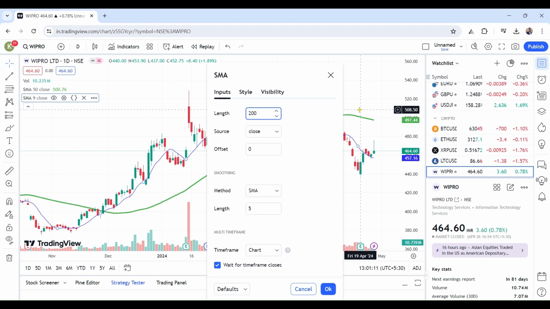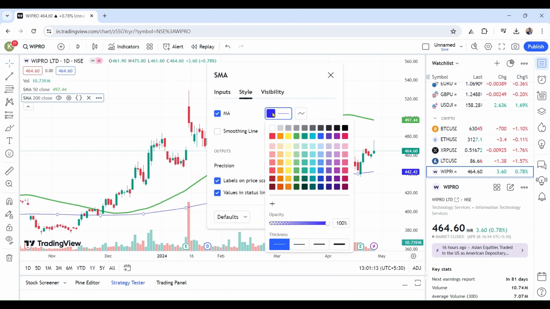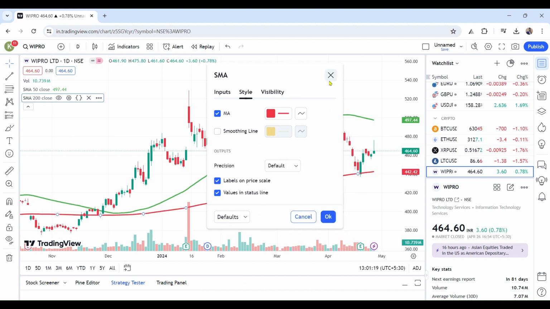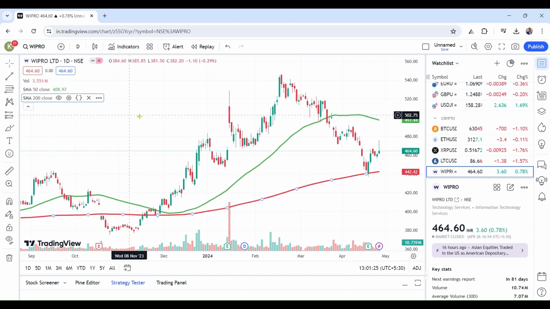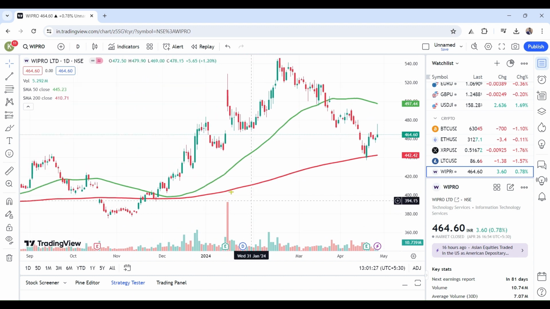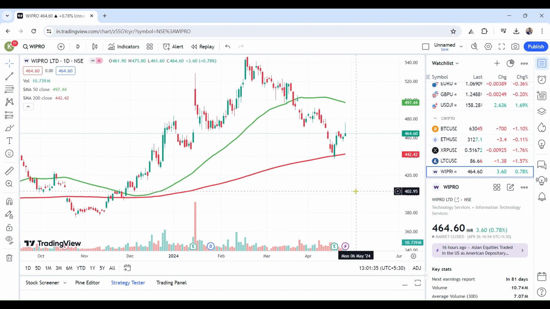I would put 200, and style I would choose a red color, and I will choose a thick line and click OK. Right. So the green one is the 50 days moving average, and the red one is the 200 days moving average.